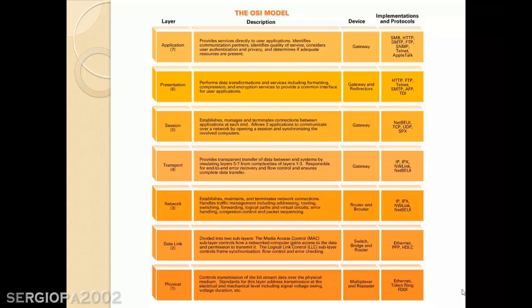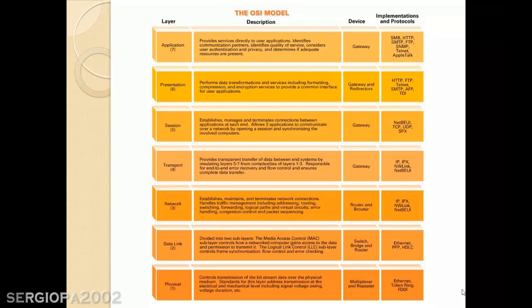The transport layer is like the glue between the 3 layers on top of it and the 3 layers below it. And because it's the first layer that is really end-to-end, it is in charge of error recovery and flow control between these two ends. And this is very important, okay.